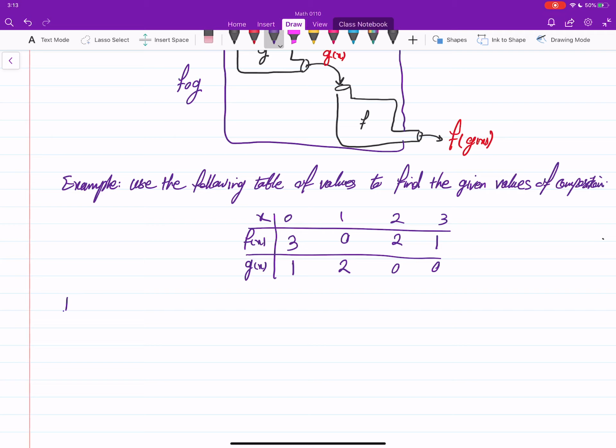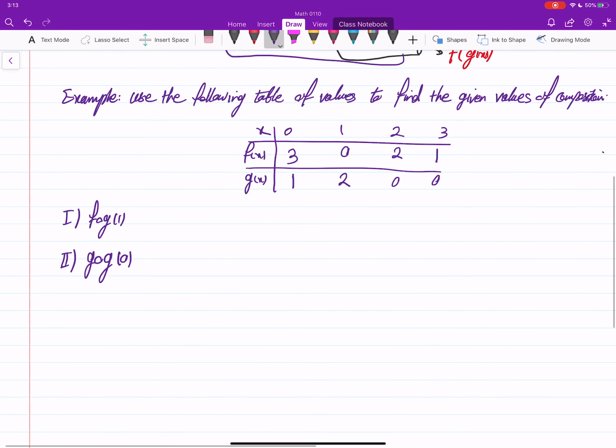Then the question says find f∘g at 1, find g∘g at 0, find g∘f at 2, and find f∘f at 3.